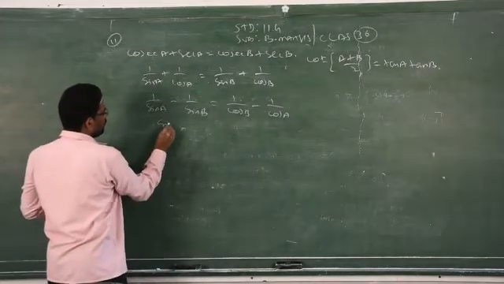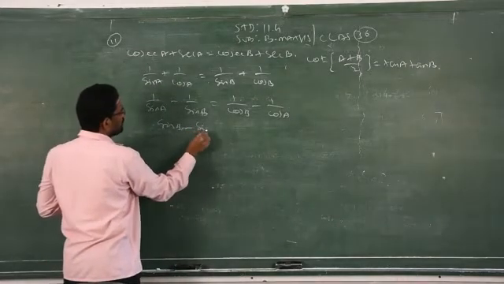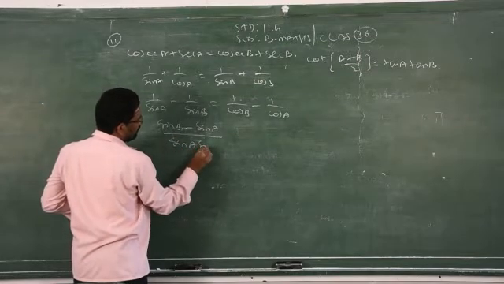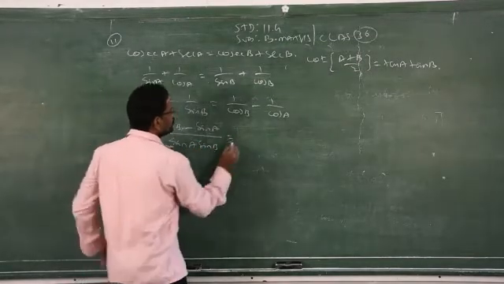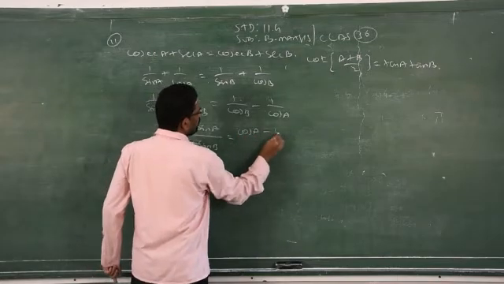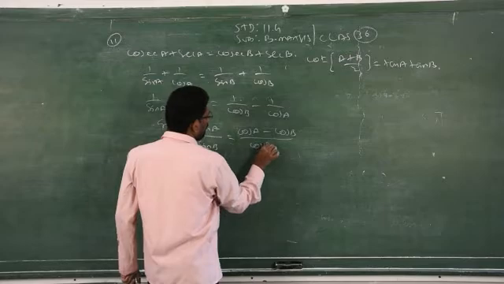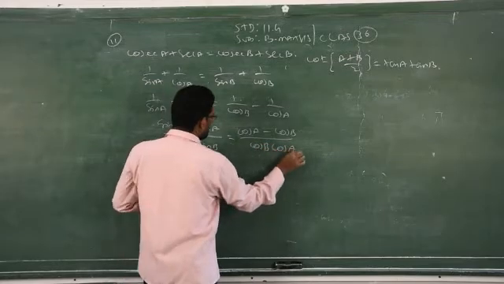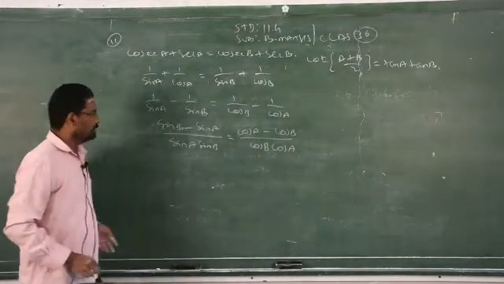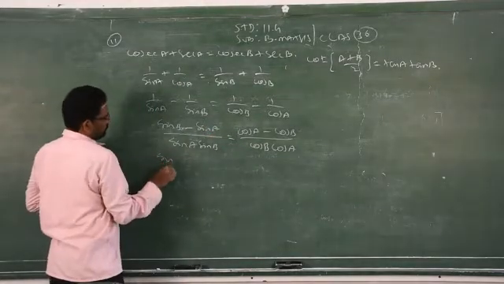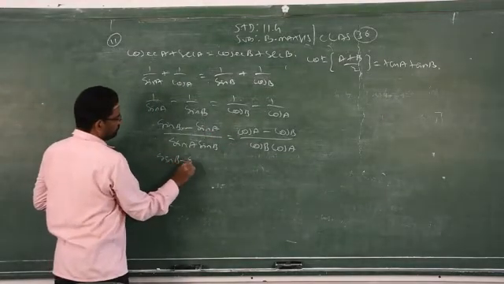Cross multiply: sin B minus sin A over sin B is equal to cos A minus cos B over cos B cos A. Now you can transfer, you will get the answer.